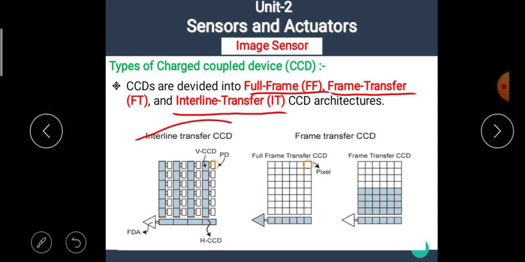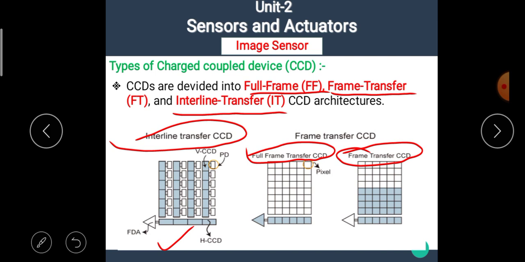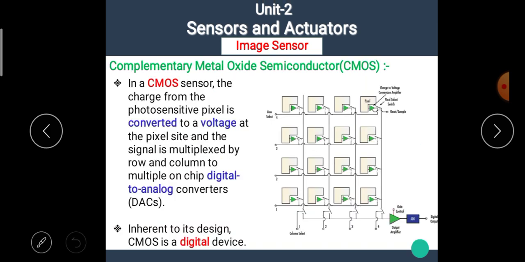This is the interline transfer CCD architecture, this is full frame transfer, and this is frame transfer CCD architecture. Now let's see the second type of image sensor, complementary metal oxide semiconductor or CMOS.